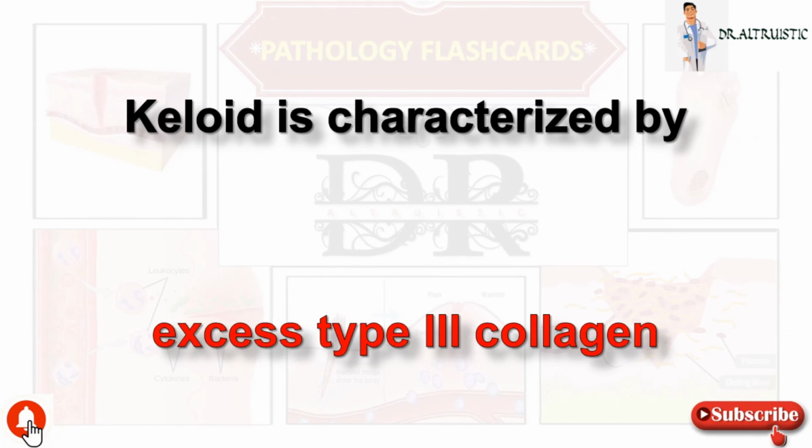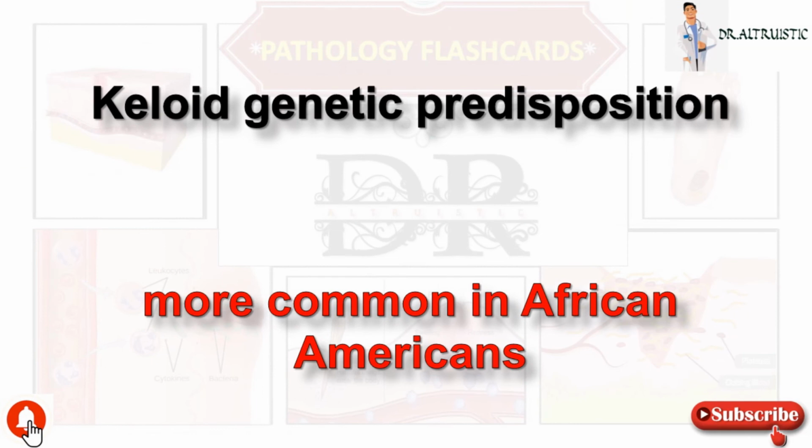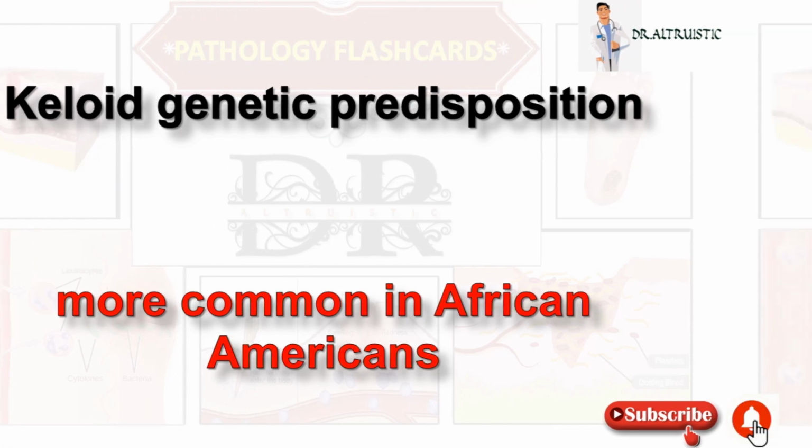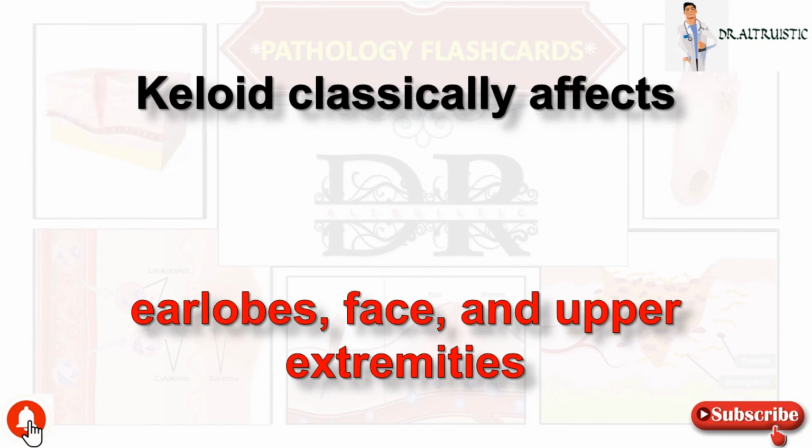Keloid is characterized by excess type 3 collagen. Keloid has genetic predisposition, more common in African Americans. Keloid classically affects earlobes, face, and upper extremities.